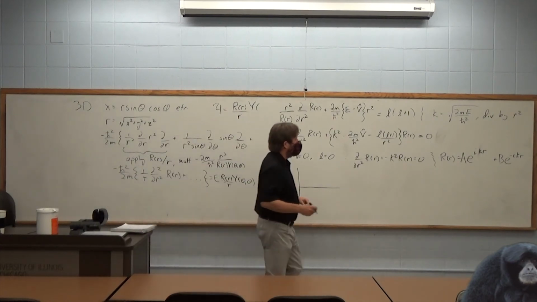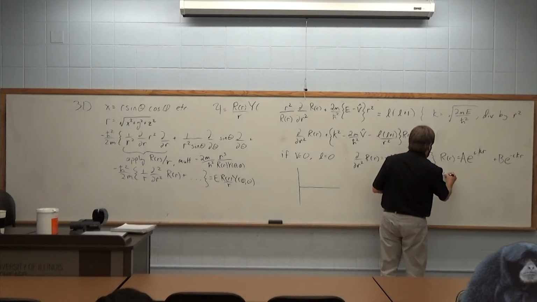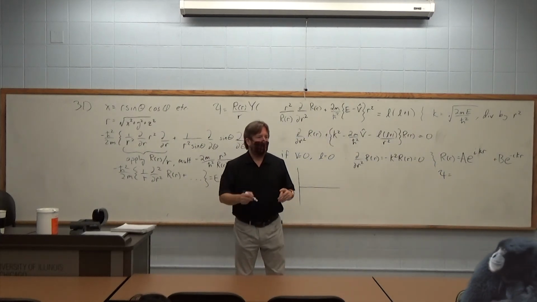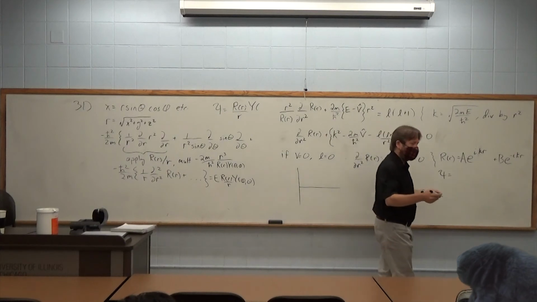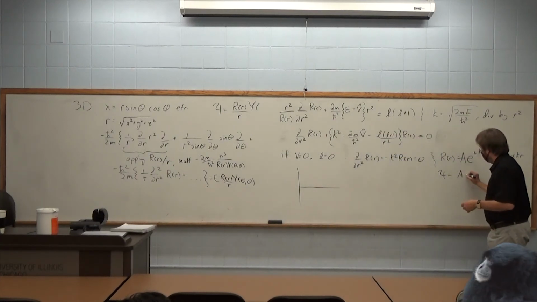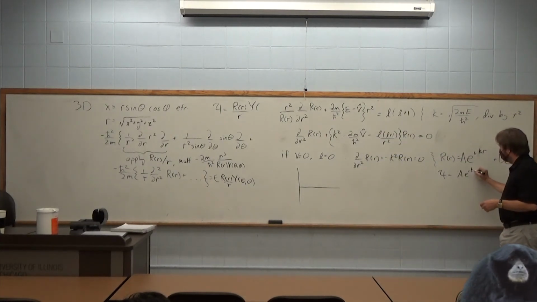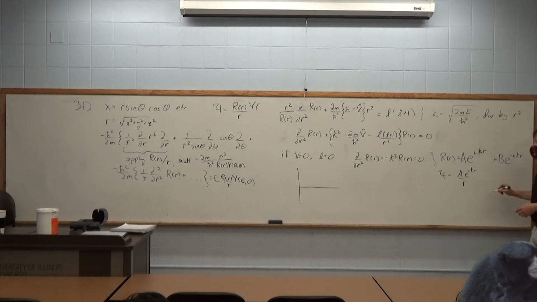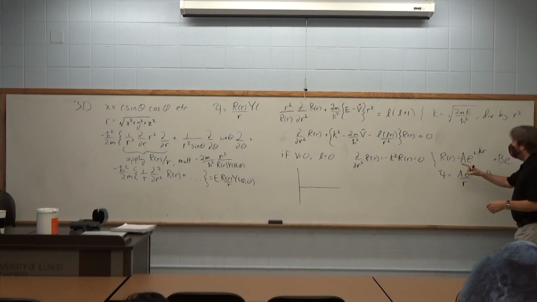Is this the same as the wave function? Earlier, what did we do? Divide by r. Remember, I said that the wave function was equal to capital R over little r.